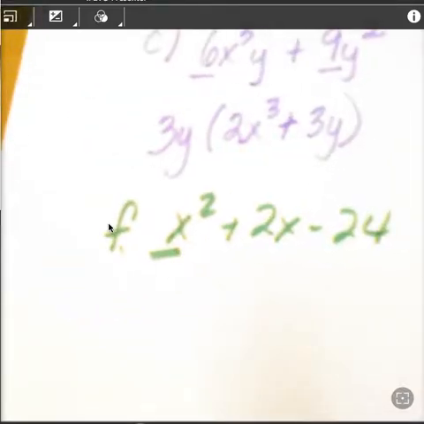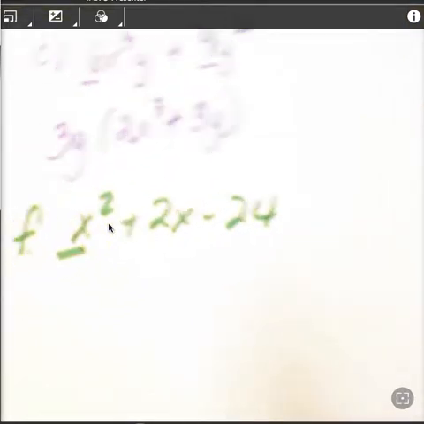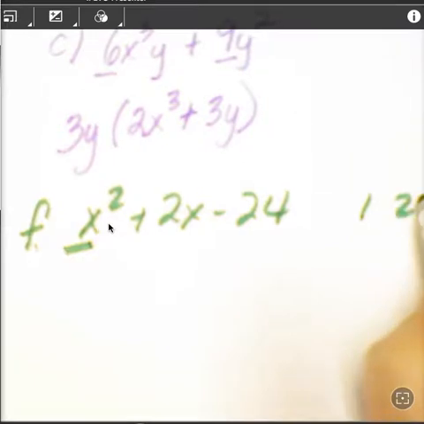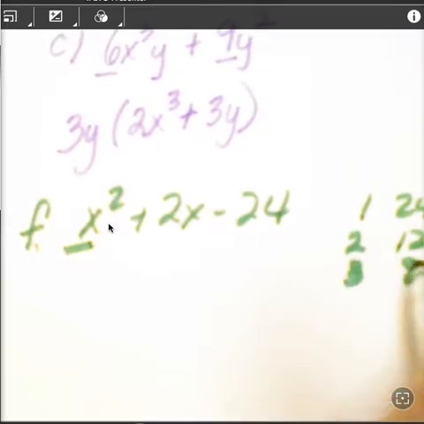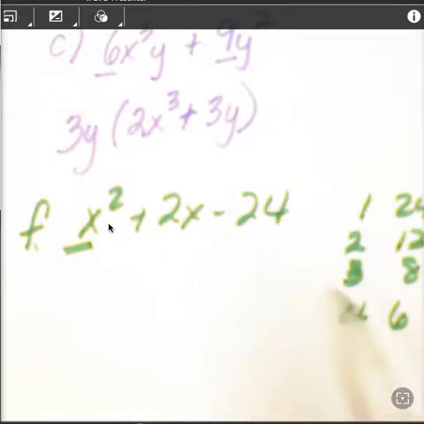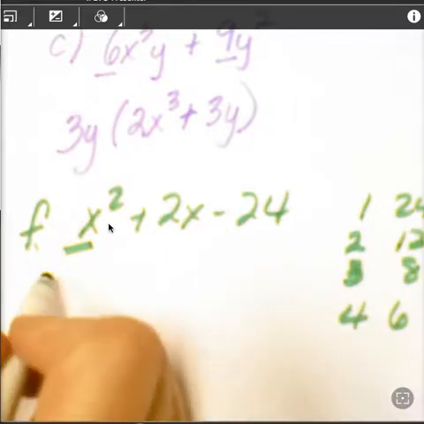Okay, so what are factors of 24? Factors of 24 are 1 and 24, 2 and 12, 3 and 8, 4 and 6, and we want the set that subtract to 2. So that would be 4 and 6. So we want 2 sets of parentheses.